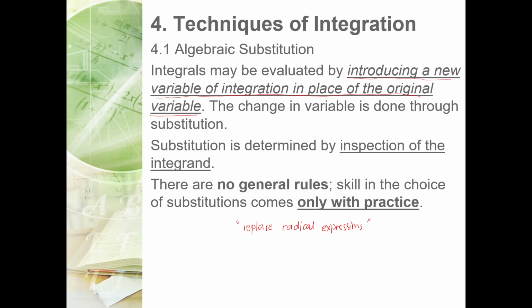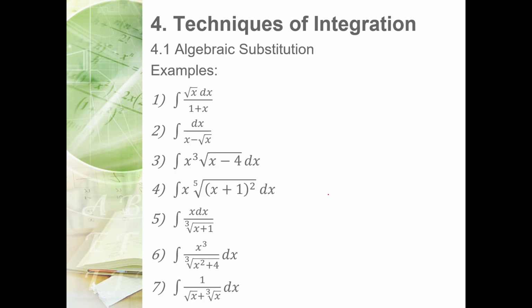Okay, so with this, let's try to solve 7 examples. Notice that each example has different radical expressions: square root of x, square root of x minus 4, fifth root of x plus 1 squared, cube root of x plus 1, cube root of x squared plus 4, square root of x, and cube root of x.